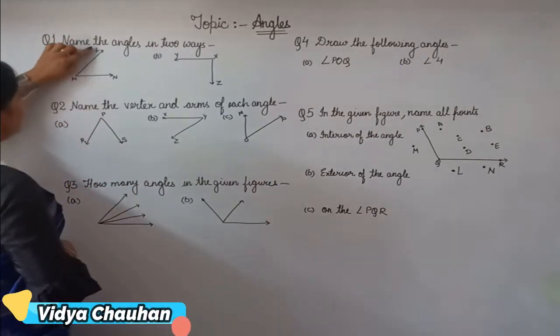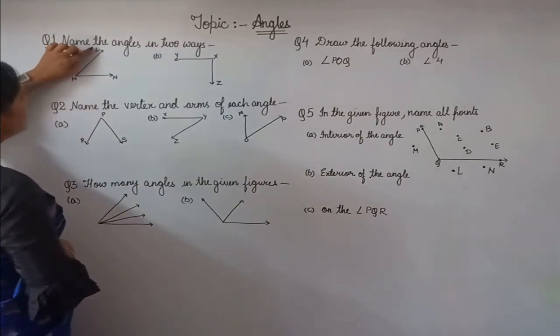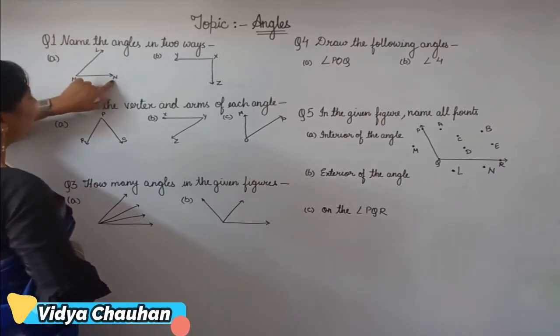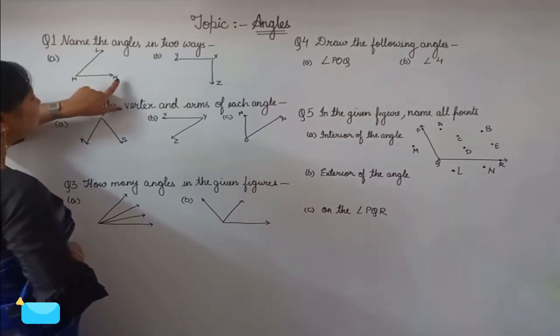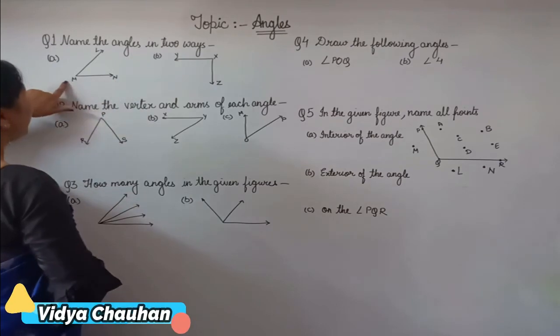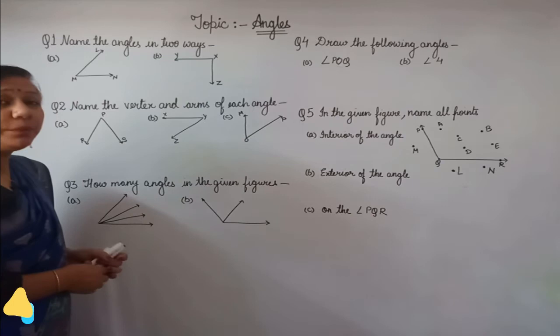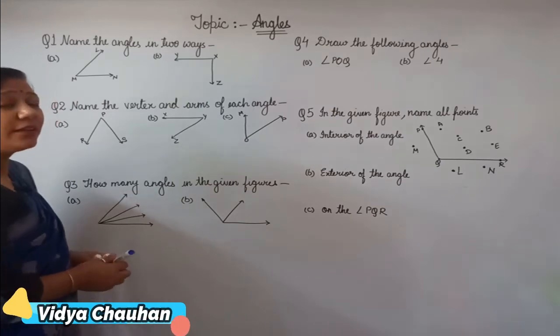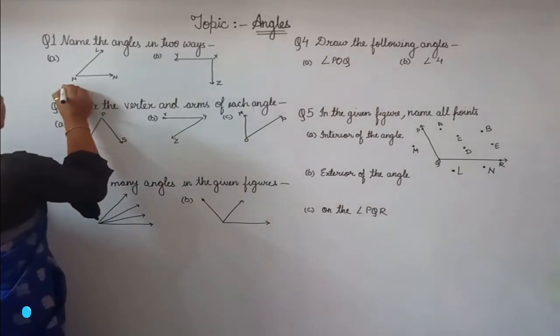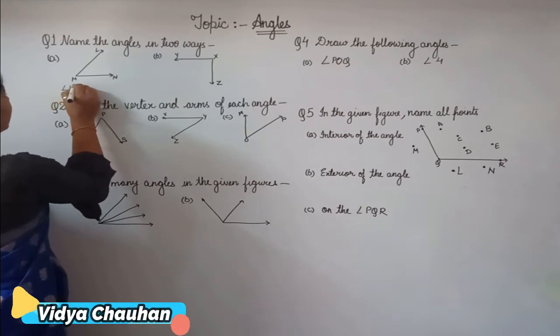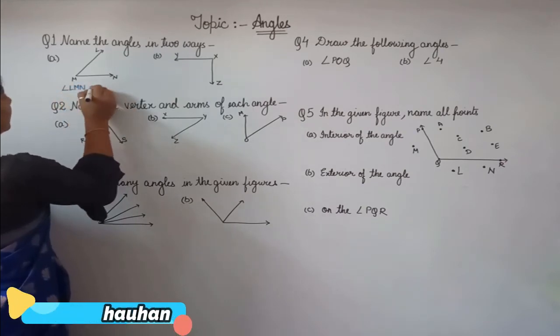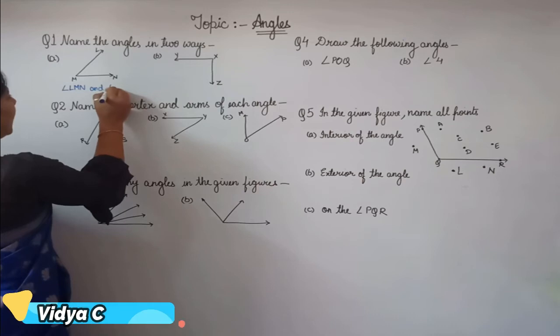Very first, you can read it as angle LMN, or you can read it in the sequence angle NML. These are the two different ways of representing, or reading, the angles.